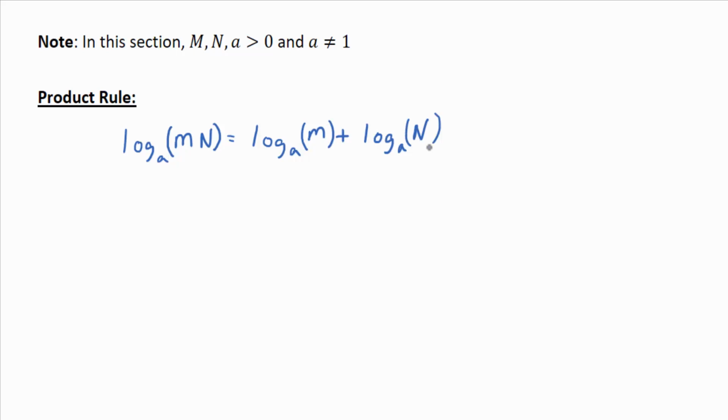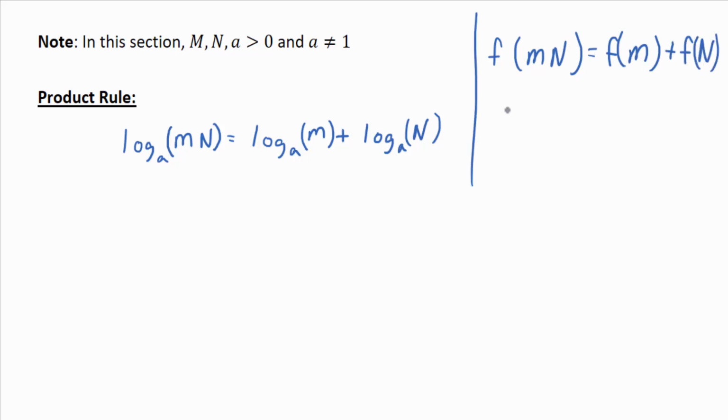So if you call log base a f, then this is saying f of m times n is equal to f of m plus f of n, only if f of x is equal to log base a of x. It doesn't normally work that way. You've never seen an example where it works this way. So it should seem weird to you. It works because of one of the laws of exponents and the fact that the logarithm is an exponent.